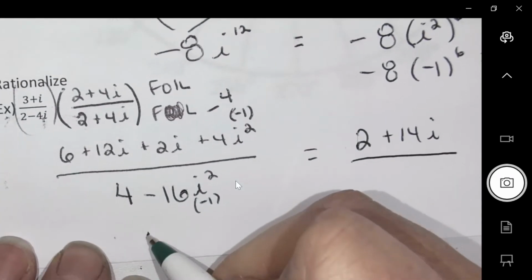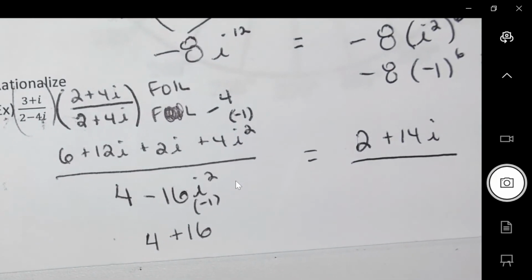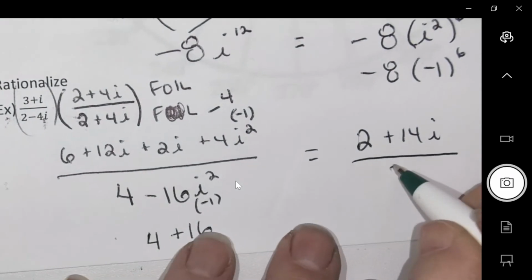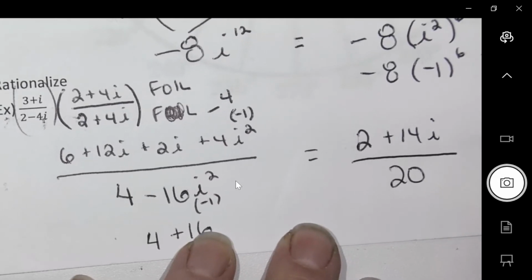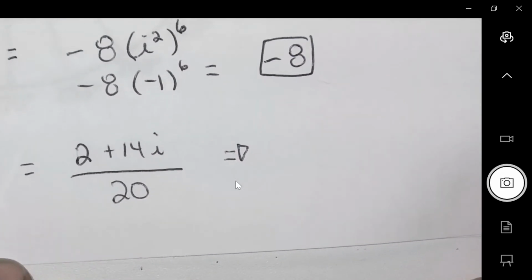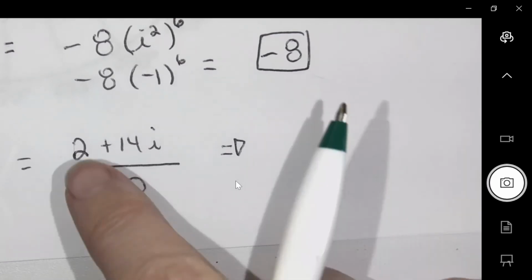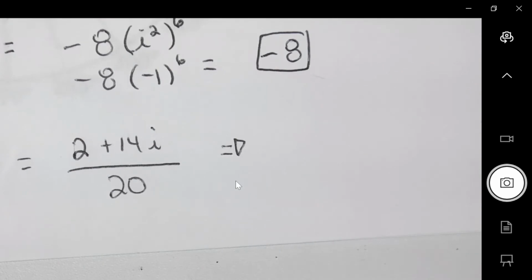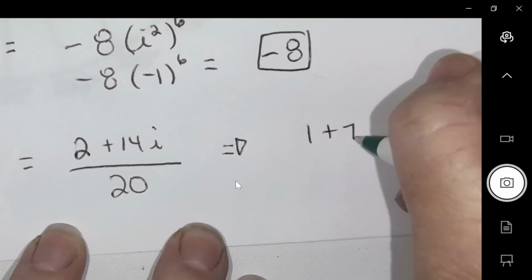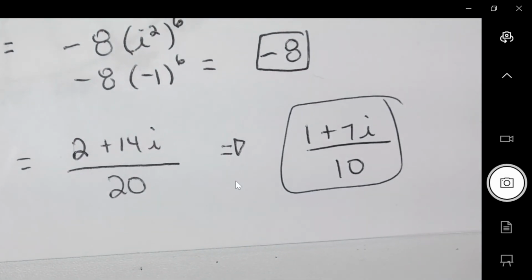And then this would turn into 4 plus 16. So that would become 20. And I guess if I say simplify, we would be able to even go further with that with a reduction, right? If I divide it all by 2, it would look like that.